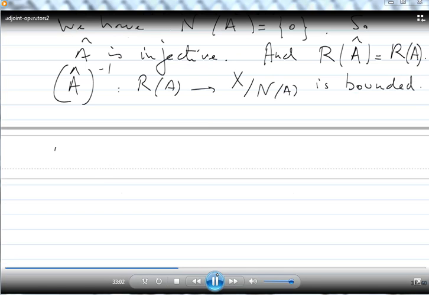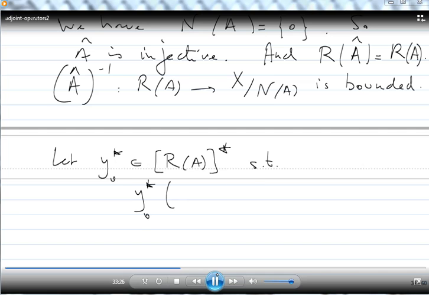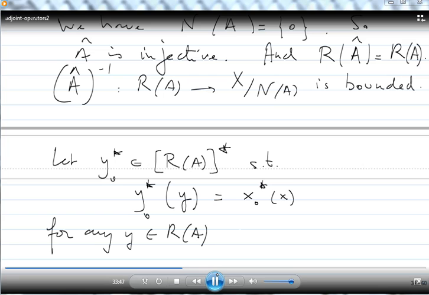So now let y0 star belong to the dual of R of A, such that y0 star of y is equal to x0 star of x, for any y in R of A and A of x equal y.